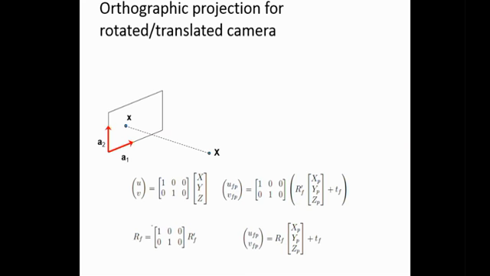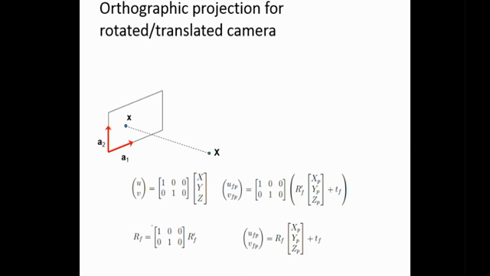Now my rotation matrix is multiplied out by my 1, 0, 0, 0, 1, 0 matrix for the orthographic projection. My rotation matrix just becomes the top 2 rows of the rotation matrix. So this is a 3 by 3, and this becomes a 2 by 3 matrix, which is basically an affine projection. That's why it's called affine structure from motion.